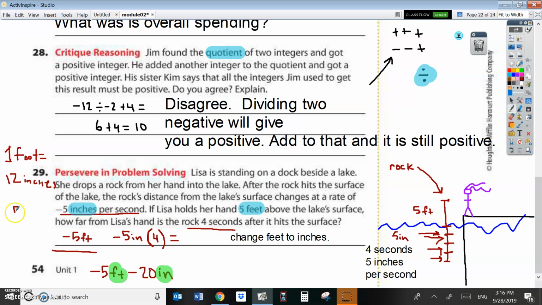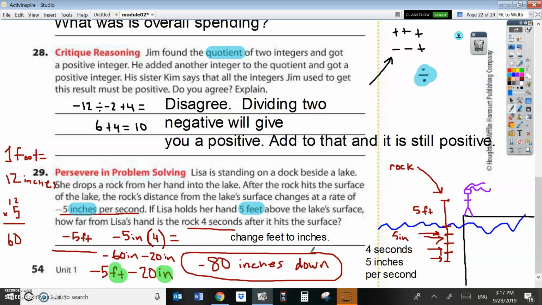So 5 times 12 is 60. So that's 60 inches negative minus 20 inches equals negative 80 inches. So the rock is 80 inches away from her. Thank you.